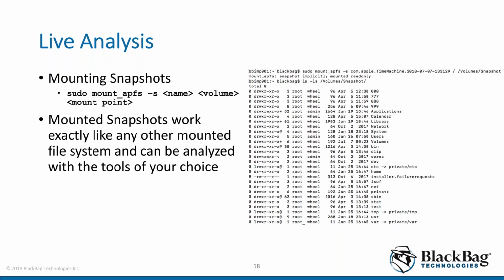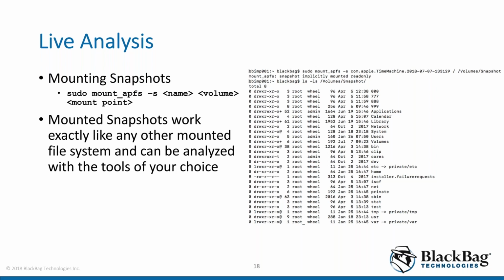Then you give the name of the snapshot, the volume associated with the snapshot, so again, if it's the main directory, just a /, and then the mount point, which is just a directory where you're going to mount this snapshot. And at this point, mounted snapshots work exactly like any other mounted file system, with the exception that they're read-only, of course. And you can analyze them with any tools of your choice that can analyze logical files on the disk: strings, grep, what have you.